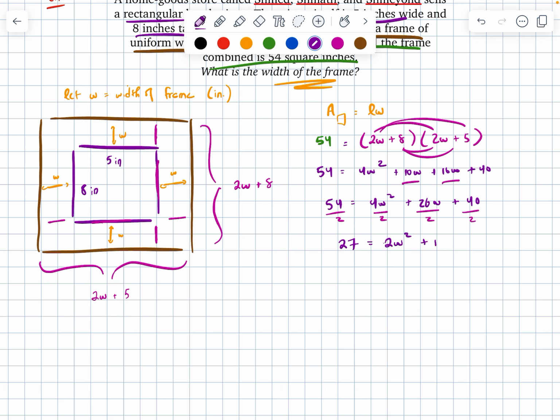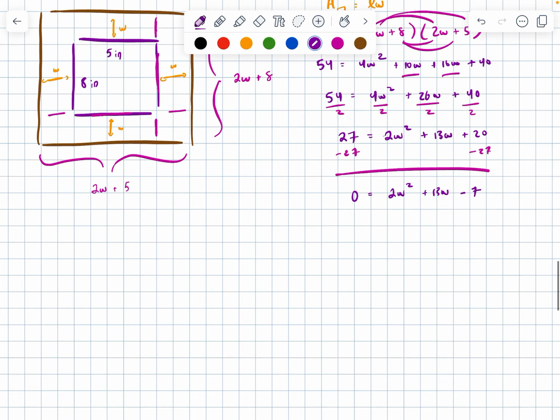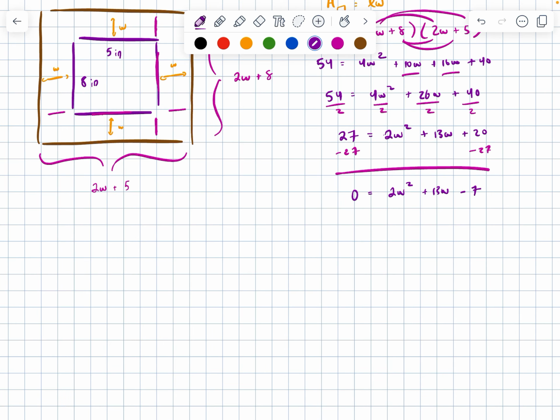Doing so, I now know that 27 is equal to 2W squared plus 13W plus 20. All I got to do now is get a 0 over on the left so I can factor. So I've got 0 is equal to 2W squared plus 13W. 20 minus 27 is negative 7.